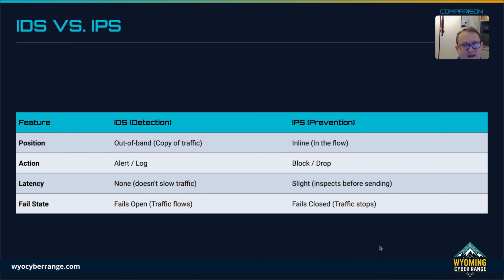Now here's the breakdown. An IDS is out of band. It watches a copy of traffic, while the IPS is inline in the flow. So the IDS alerts while the IPS blocks.